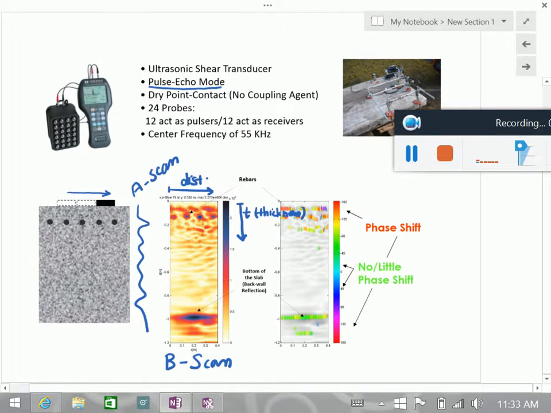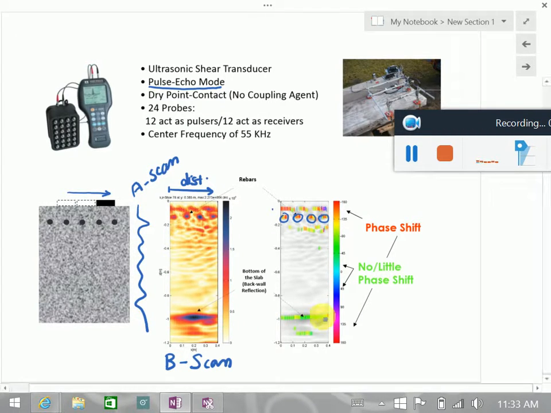And if you look at the phase of these reflections, this I have explained to you before, we can kind of distinguish a concrete steel interface, where you have a phase shift. At the location of the rebars, if you calculate the phase, the colors are pretty much red. It's not perfectly red because it's not completely 180 degrees. We have talked about this.